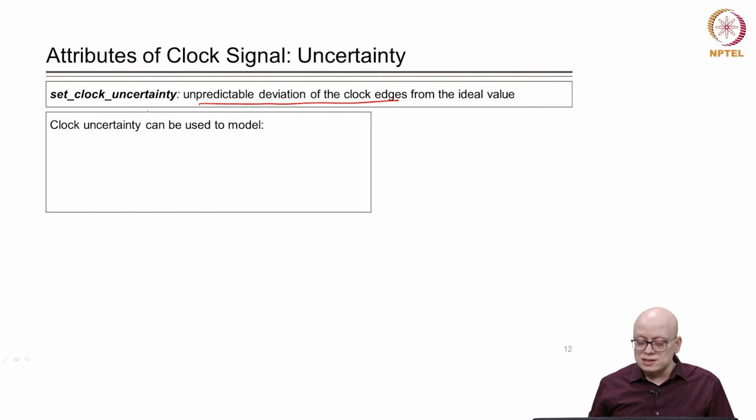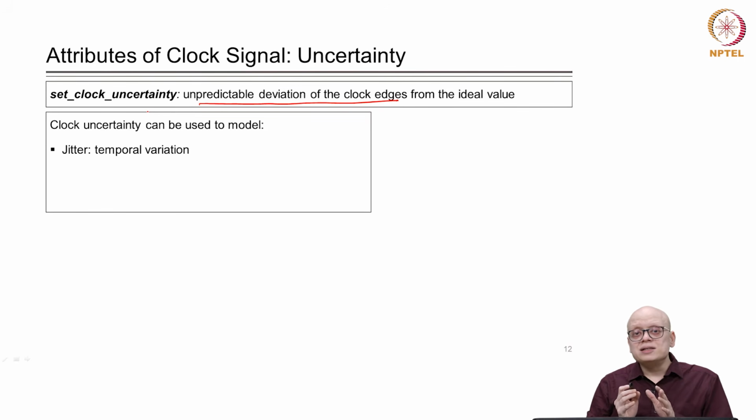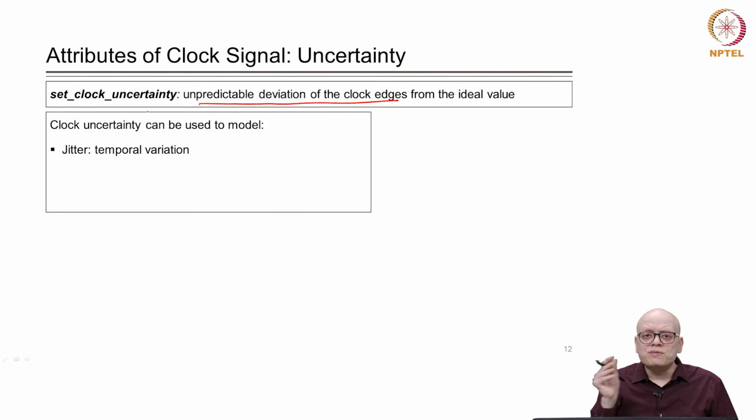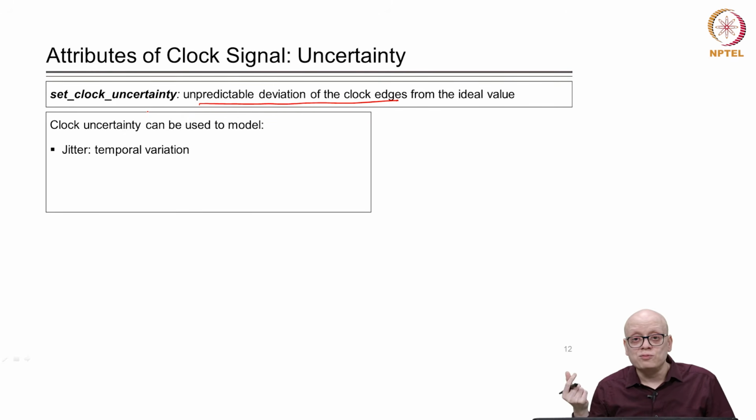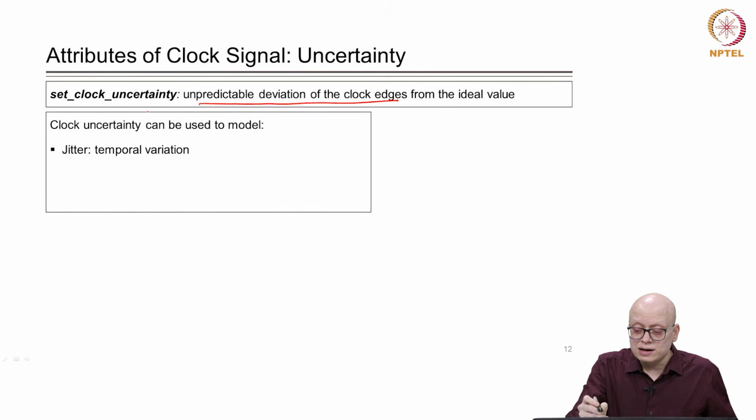The first reason is related to the jitter. Because the clock signal is generated by a clock source, and the clock source may not be ideal, right. The real clock sources can have some jitter, meaning that the frequency or the time period can change slightly from what we have defined in our create_clock command.